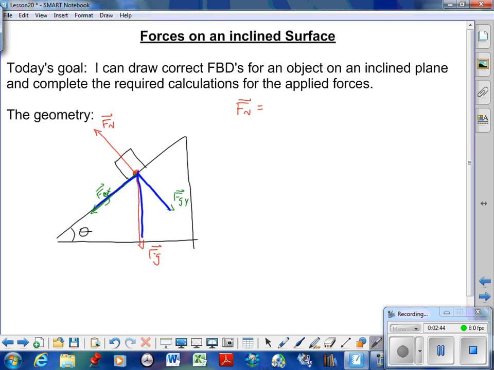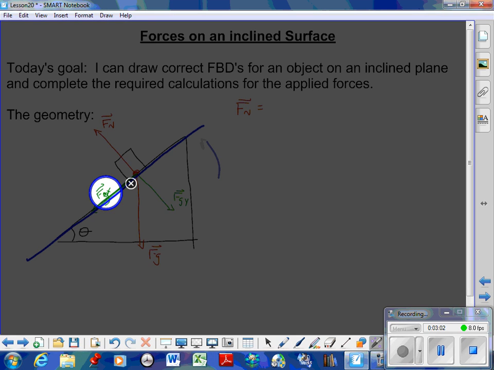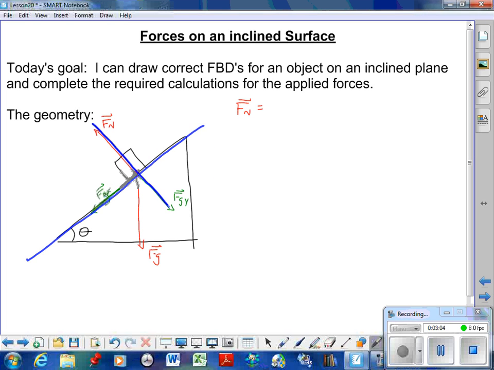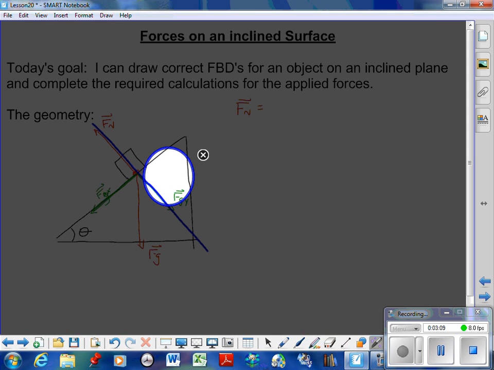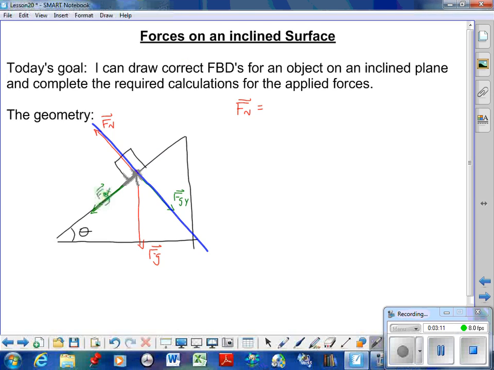And the reason I have X and Y is because I've taken basically an X-axis that would normally head this direction. I've rotated it theta degrees, so now my new x-axis is along here. And that's why I called this FGX, which would mean that this axis that got rotated would be my new y-axis.